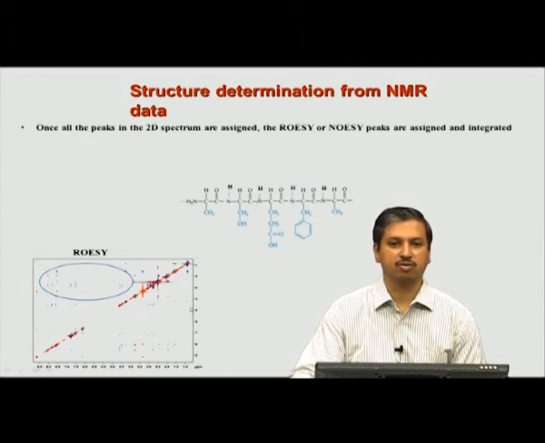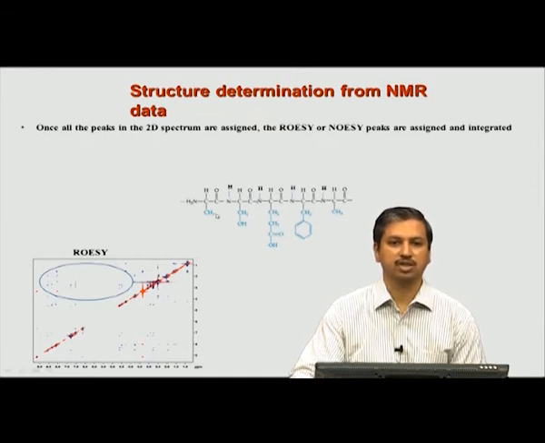When you see a peak, it implies that there is a distance of less than 5 to 6 angstrom between those two atoms. That is very important, because all the peaks here give you distance information.